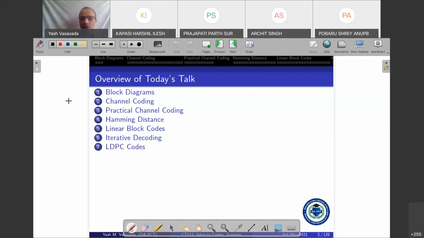That will lead us to what are known as low density parity check codes, or LDPC in short. So LDPC codes are going to be part of the 5G standard, and we will learn about these coding techniques. Now, topic number 8 is some miscellaneous topics.